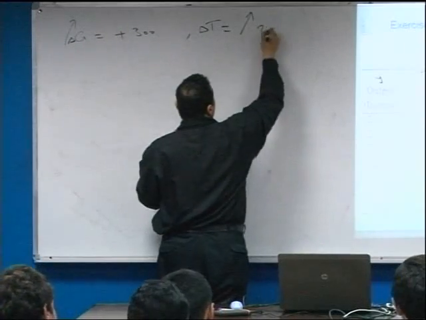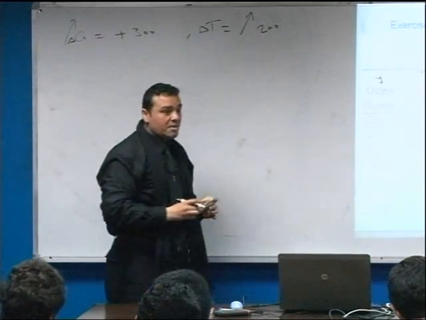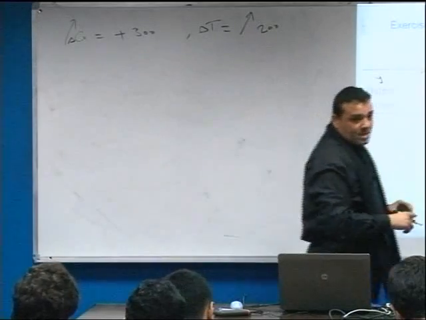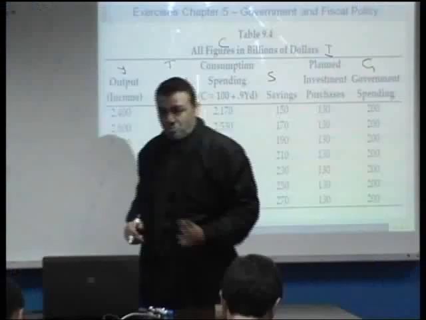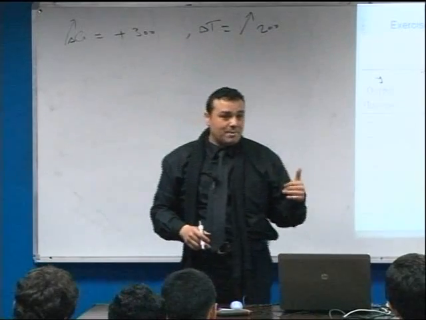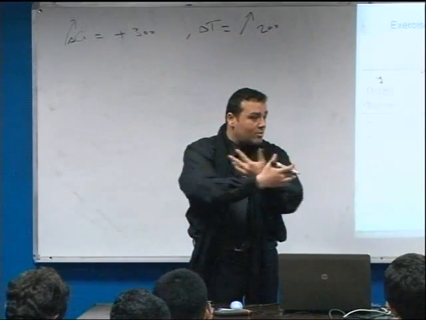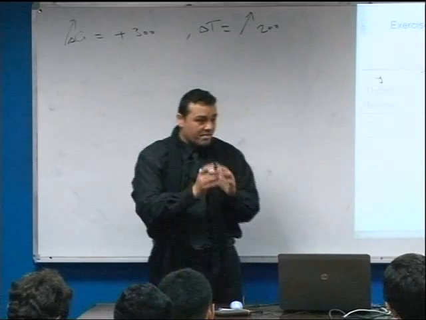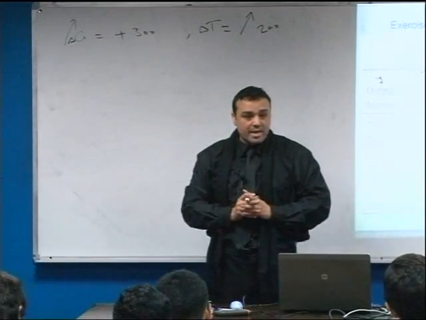Let's say $200 million. What are the main effects of this policy on the aggregate output? We have to use the government spending multiplier and the tax multiplier and calculate the final result on the aggregate output.